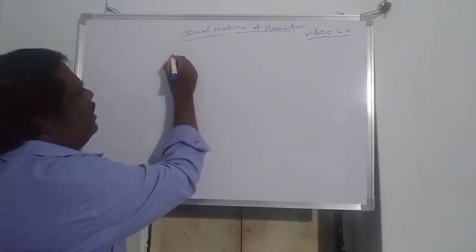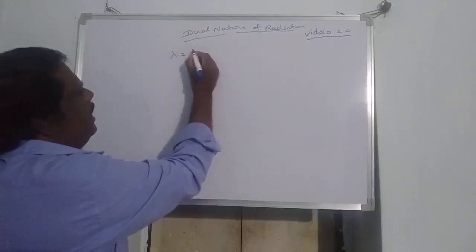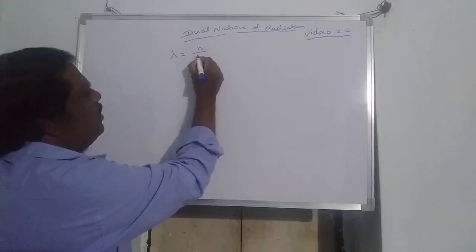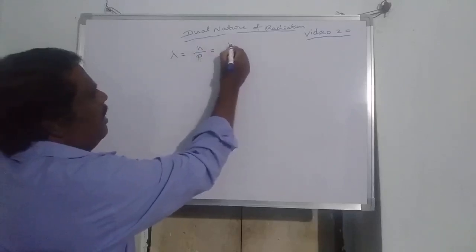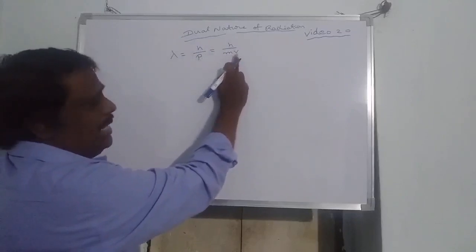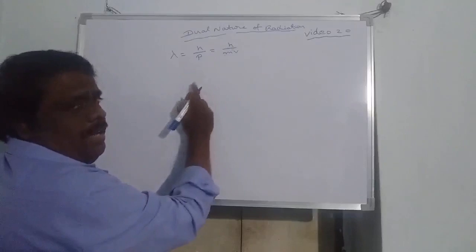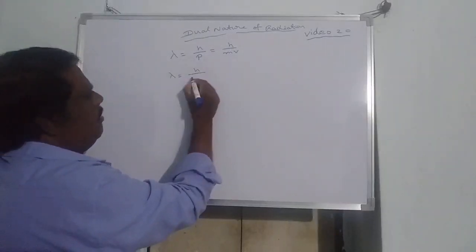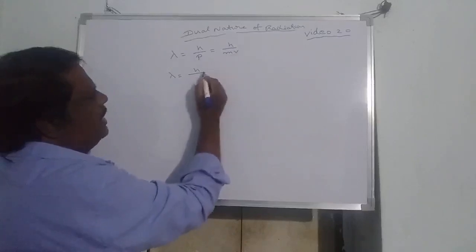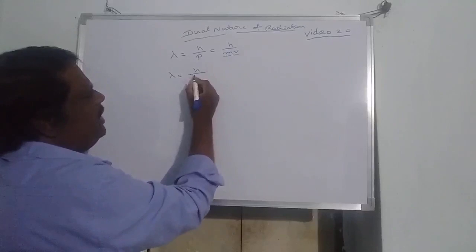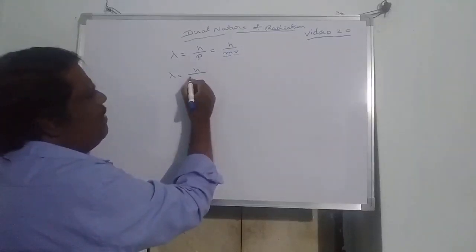According to de Broglie, the wavelength of the particle is lambda is equal to h by p, where p is the linear momentum, which is nothing but mass into velocity of the particle, and h is the Planck's constant.